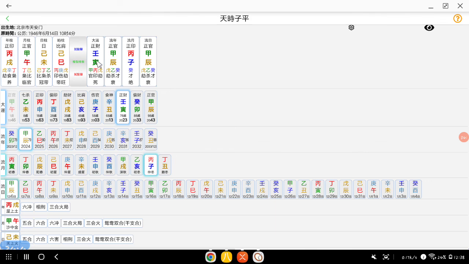So it is okay, but it can't be too strong. If the wood element is too strong, it will hurt the Ren star too. So it means we can make this structure a bit weaker. You can't have too strong wood.